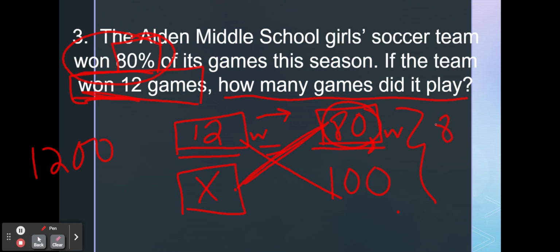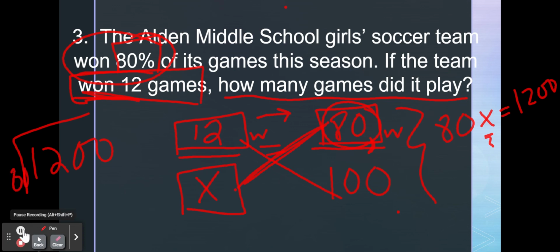So it means 80 times something equals 1200. In order to determine what that something is, I will divide by 80. You can get your calculator out here for this if you'd like. Type 1200 divided by 80, and you can see that that answer will equal 15.